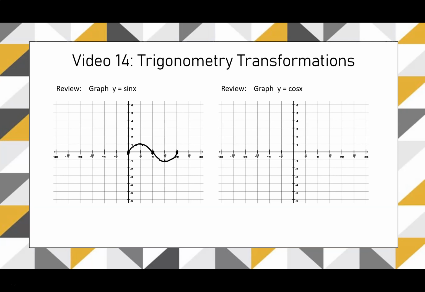So again, I've got 0, 0 as my first point. We need to make sure we know that. We also need to know that our period is 2 pi, right? It takes all of 2 pi to get through the entire cycle. And also, did I mention that the amplitude is 1? We wouldn't say the amplitude is -1, although it is true that it goes all the way down to -1.